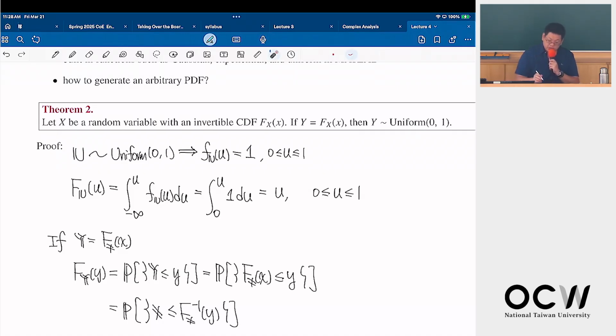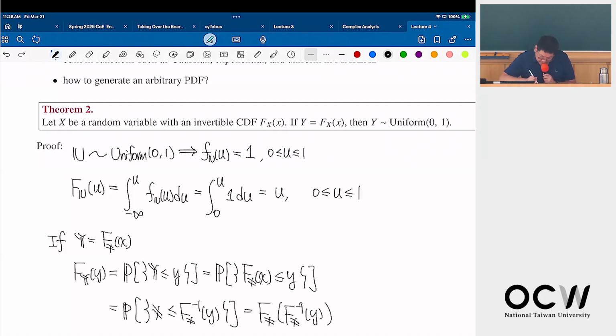We saw this many times today. What is this? Probability of your random variable x less than or equal to some point. That is the CDF. But here it is the CDF of x. Then that gives you y here.